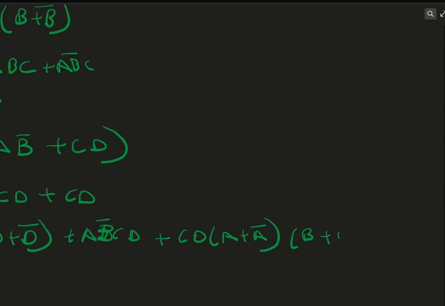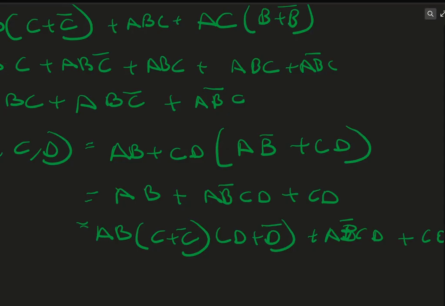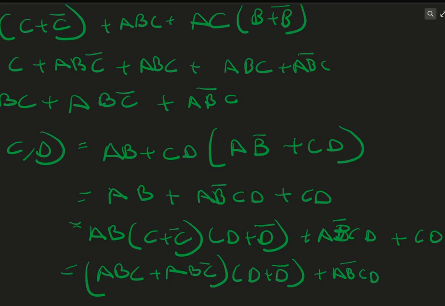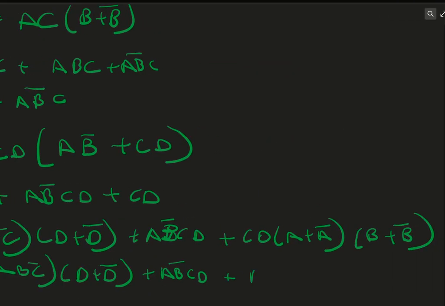Okay, so A B C, A plus A B C prime into D plus D prime, plus A B prime C D, plus A C D plus A prime C D into B plus B prime.